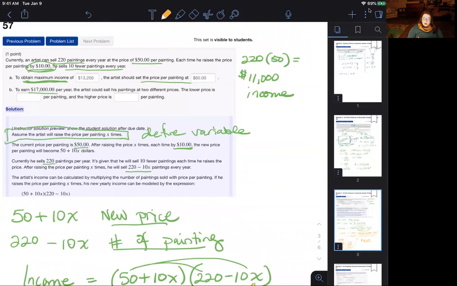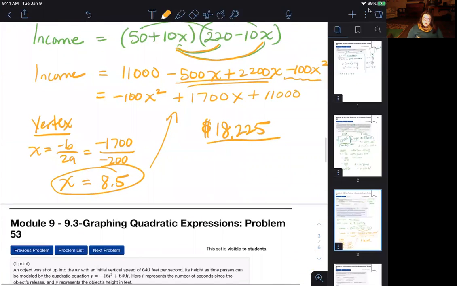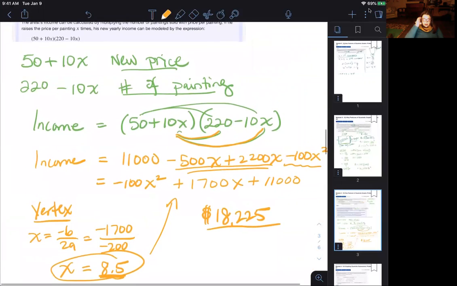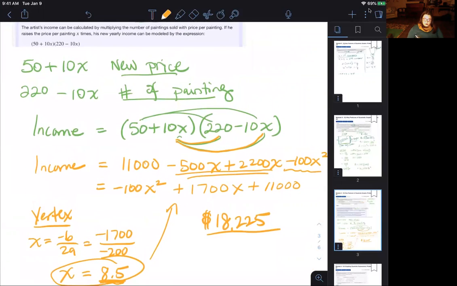So to obtain a maximum income of 18,225, that's the first answer here, how much should the artist set the price? Well, they're going to increase the price 8.5 times. So if we go back and plug that in for the price, 50 plus 10 times 8.5. Essentially, they want to raise the price to 50 plus, if I move the decimal over because I'm multiplying by 10, I have 85.